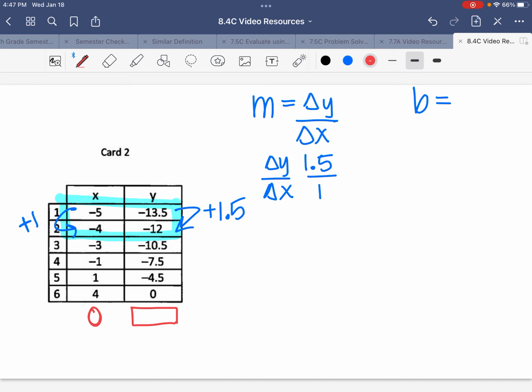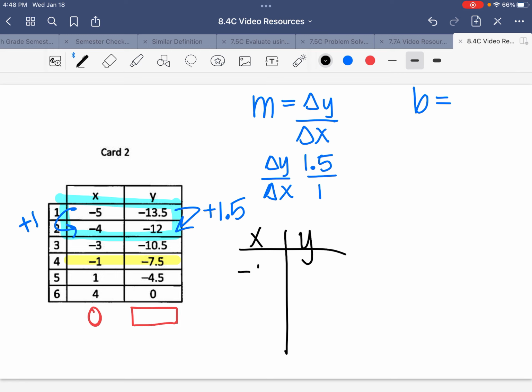But I have some helpful information because I know how my table is changing. And I know that as y goes up by 1.5, x goes up by 1. So I see in my table that I have a negative 1 and negative 7.5. So I'm going to make a table right here where I can add a little bit to it.